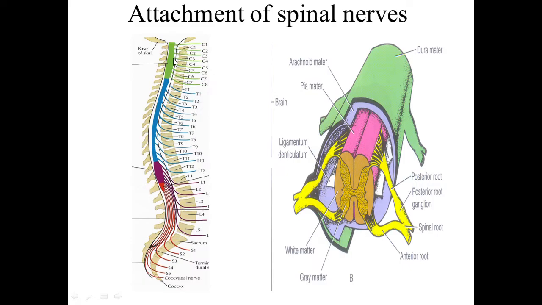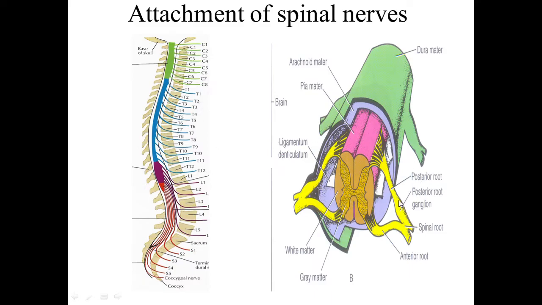Each spinal nerve passes through the corresponding intervertebral foramen. There are 8 cervical, 12 thoracic, 5 lumbar, 5 sacral and 1 coccygeal nerve.